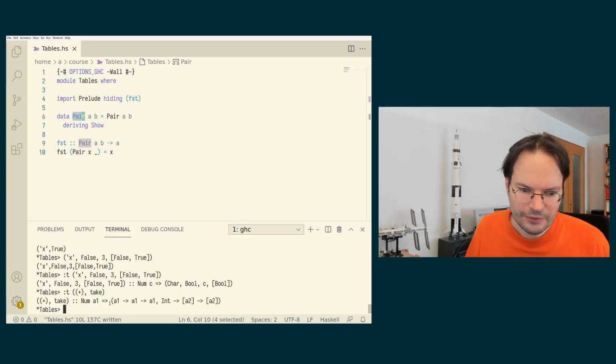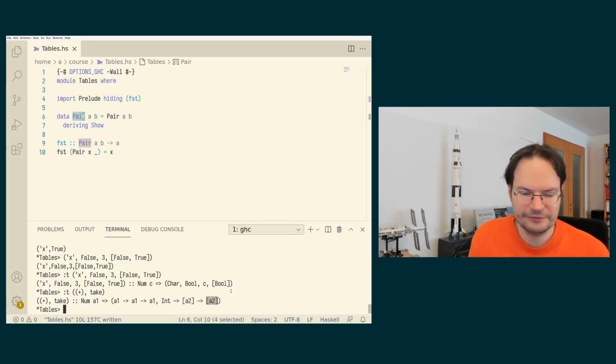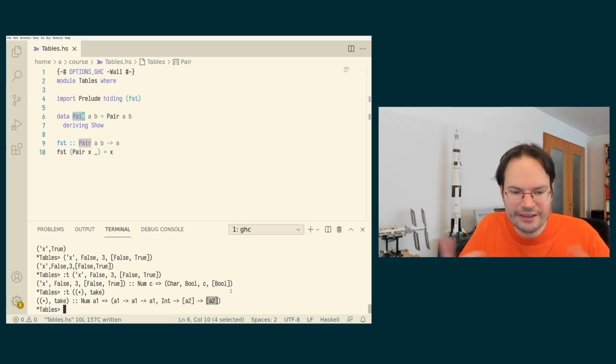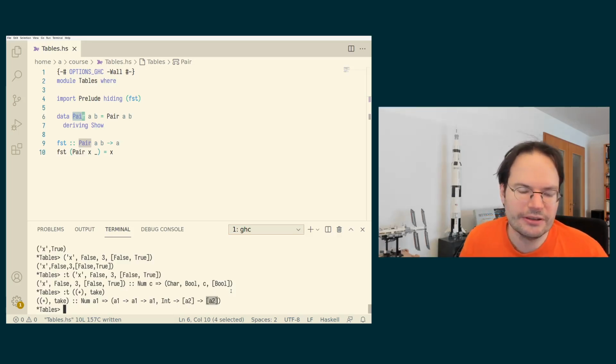And then we'll get a very complicated type signature, but again, plus is an operator that goes from something to something to something, all for the same thing, and it has to be in the Num class, and take is a function that takes an Int as the first argument and then takes a list of something, which can be something else than the thing that the plus operates on. So that's why it gets a different type variable and then produces another list of the same type. So you can get very complicated types with very simple means already. That doesn't mean that they're necessarily used a lot in practice, but the system that you have available is very flexible.